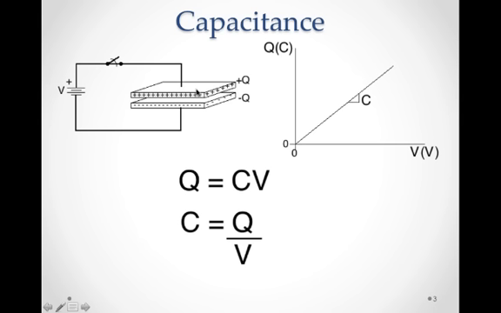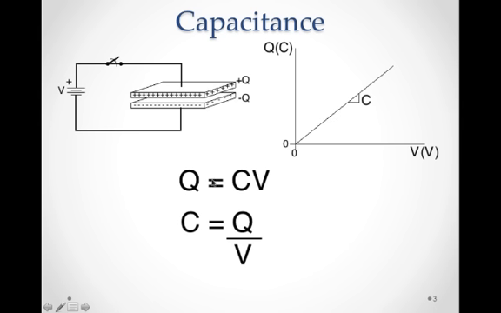It's charge stored on two plates that are separated from one another, and it's storing energy in an electric field between these plates. Another way to look at capacitance is if we increase the amount of potential difference here, we can create greater and greater charge on these two plates, and we get a linear relationship, and the slope of that linear relationship is what we call capacitance.